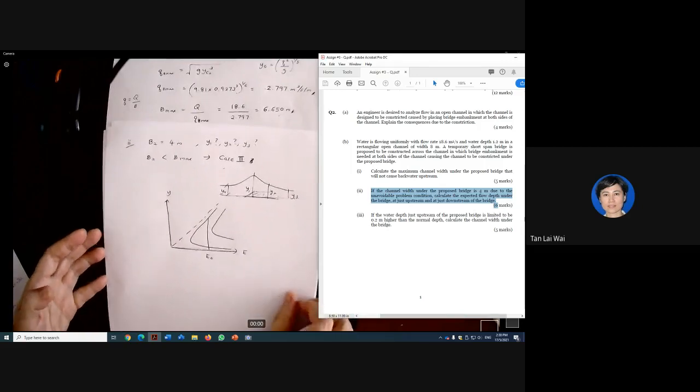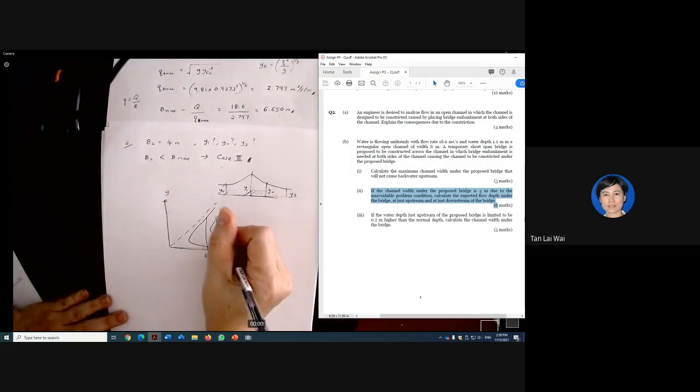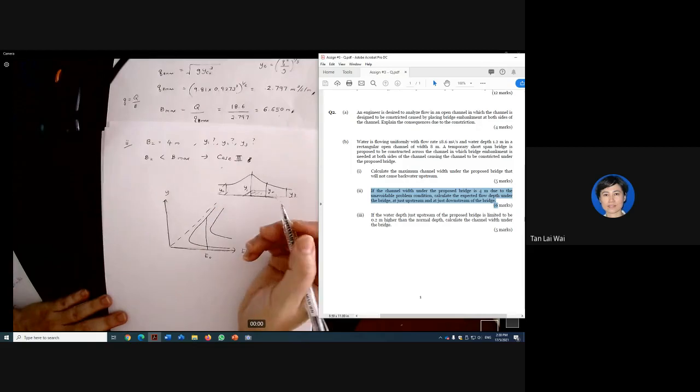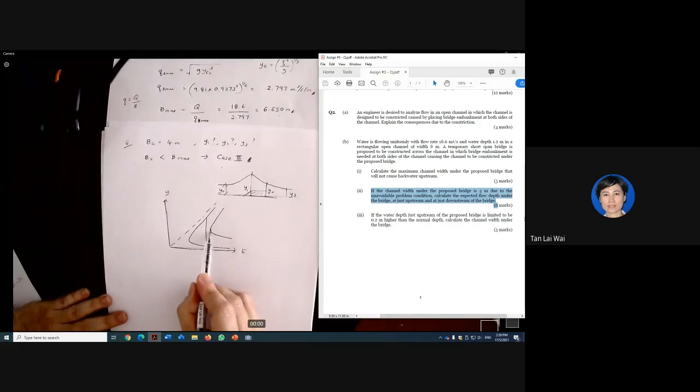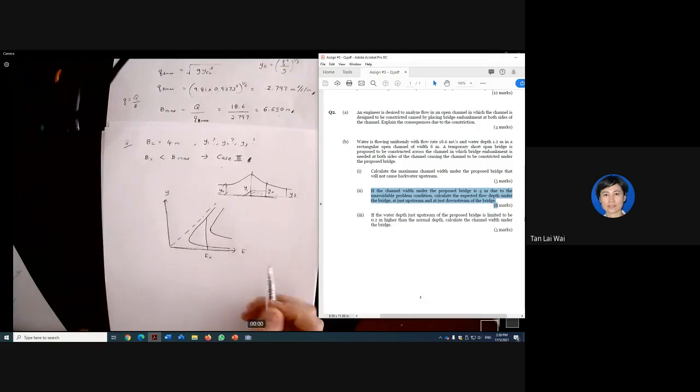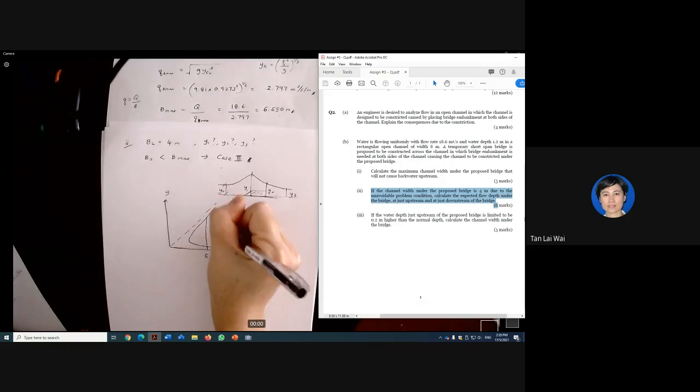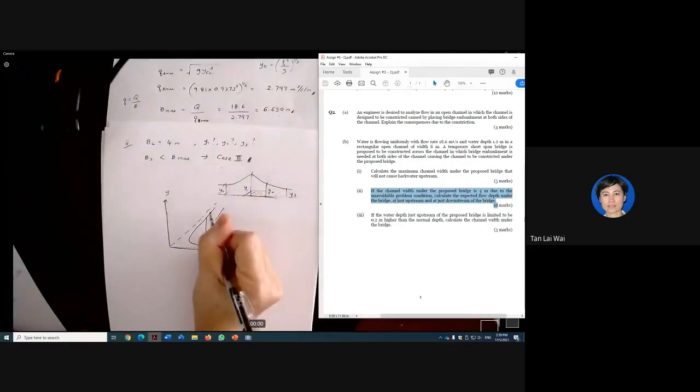For case 3, the thing that I need to know is this critical point, remember this is a control section. Once I know this value, I can find my new E13, and this is where my new Y1 is.